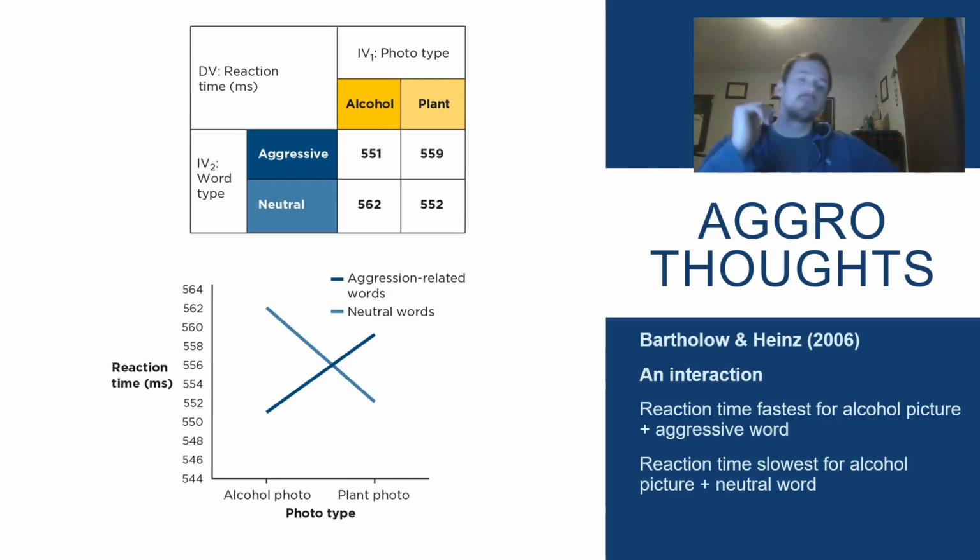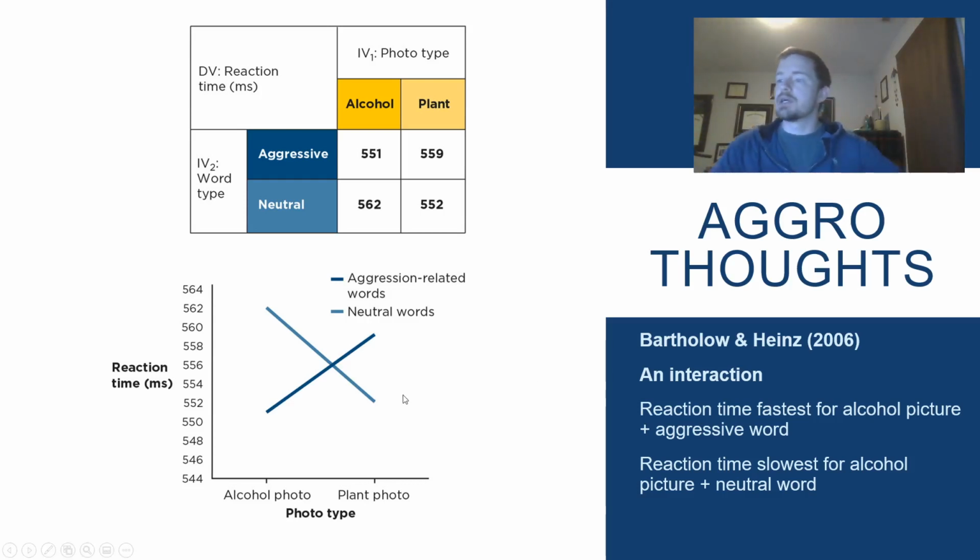Whenever you see a chart like this, if you see the data following the same trend, if they are parallel lines, that is almost always a main effect. If you see something like this, where they either intersect or come close to intersecting, that is going to be an interaction. So, why is that an interaction?